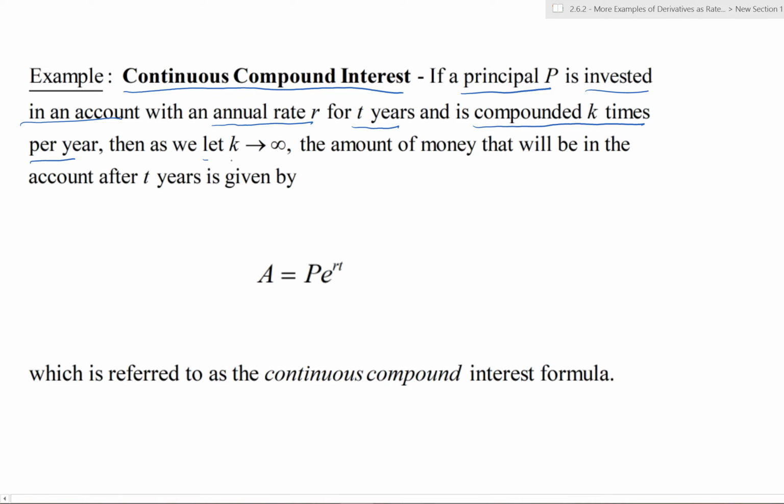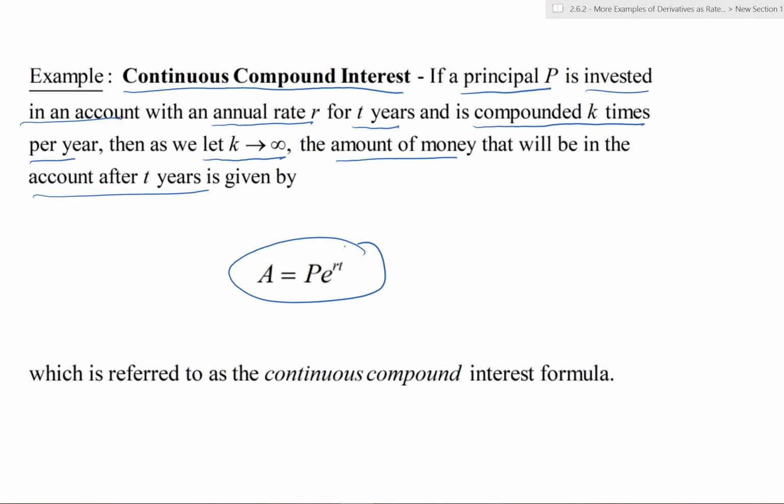Then, as we let the number of compounding periods go to infinity, so I'm tagging on that interest every moment of time, continuously, as we say, then the amount of money that will be in the account after T years is given by this formula here. A is equal to P times e to the RT.